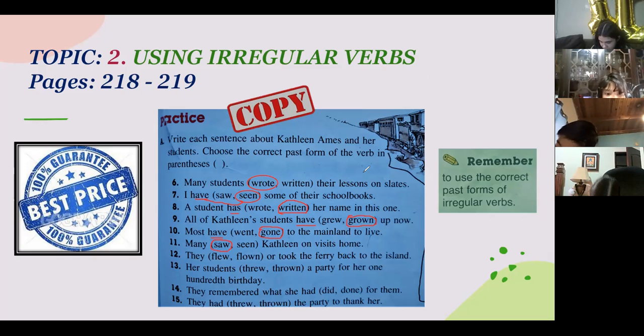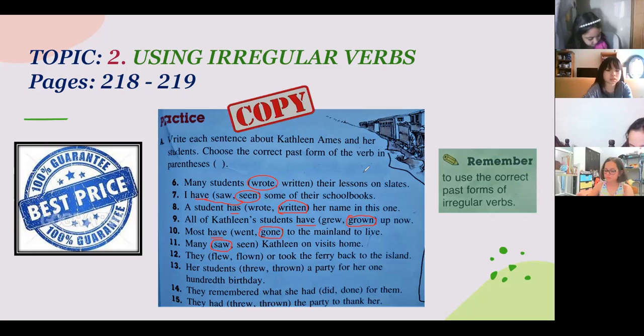What about number 12, class? Flew or flown? They flew. This is the past. They flew or took the ferry back to the island.